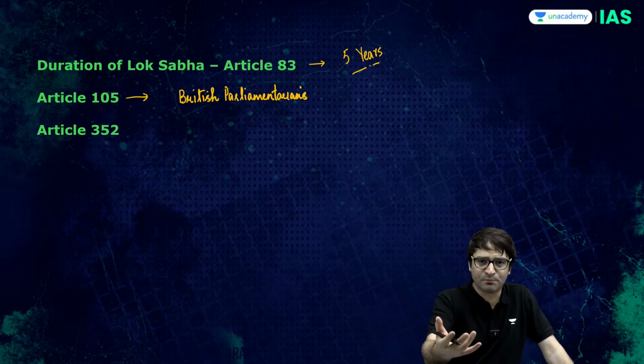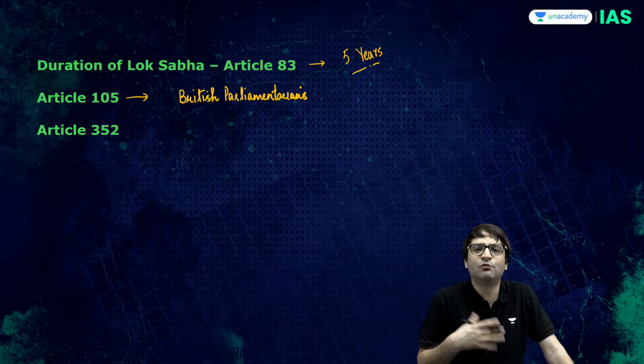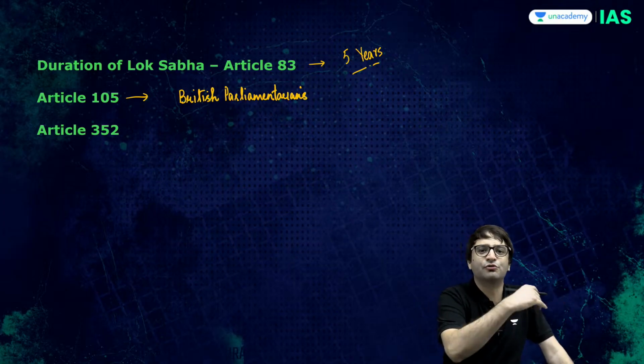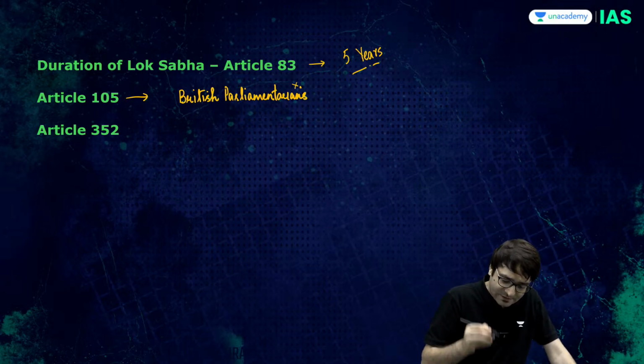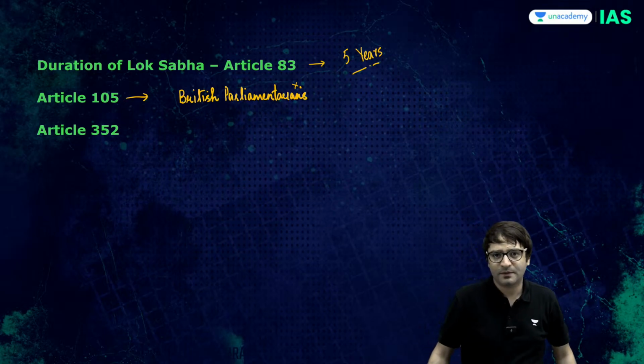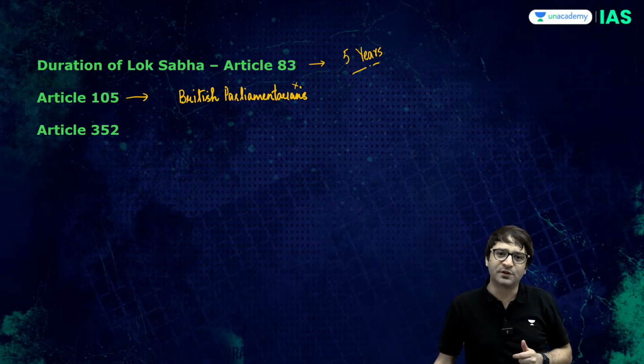But then when Mr. Shanti Bhushan presented the 44th Constitutional Amendment Act in the Parliament, he said, why should an independent sovereign constitution refer to the constitution of another country? That is why this reference to the British Parliament was removed because of the 44th Amendment.